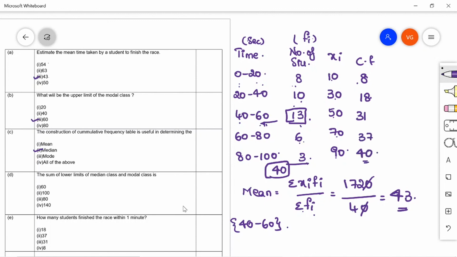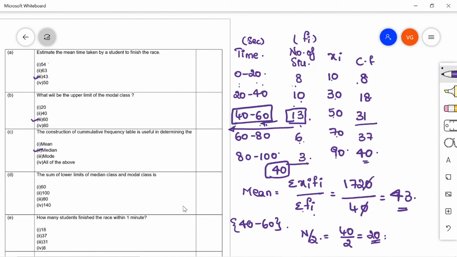Right. So first we have to find out n by 2. N is 40. So 40 by 2 is 20. So select the class that is just greater than 20. So that is 31. The corresponding class is nothing but your median class.